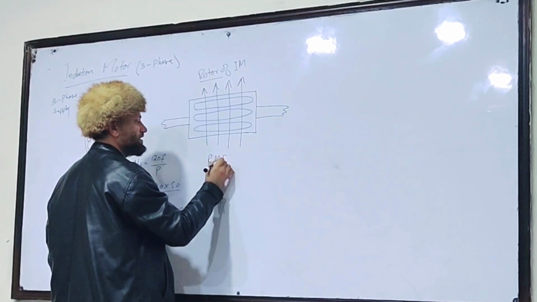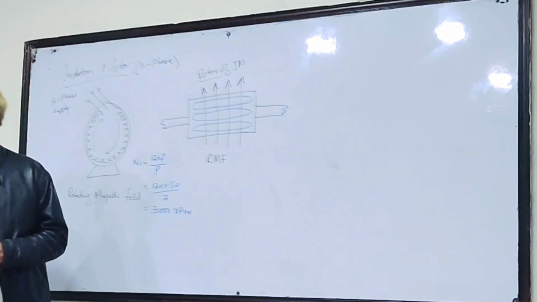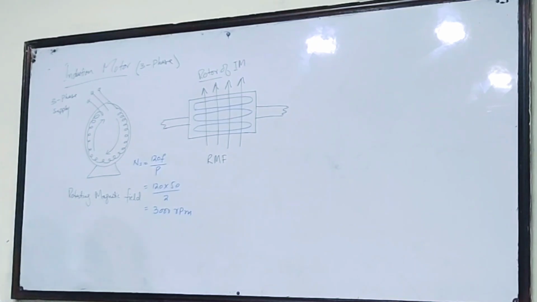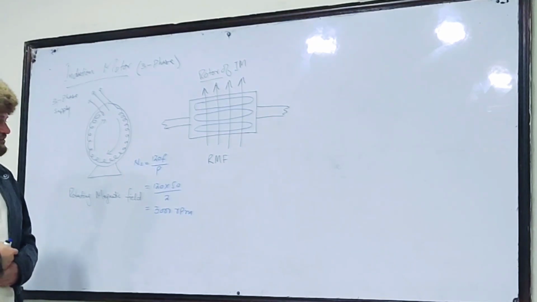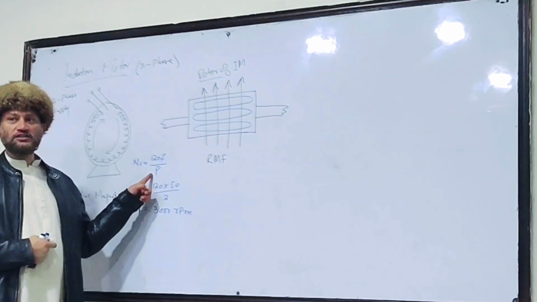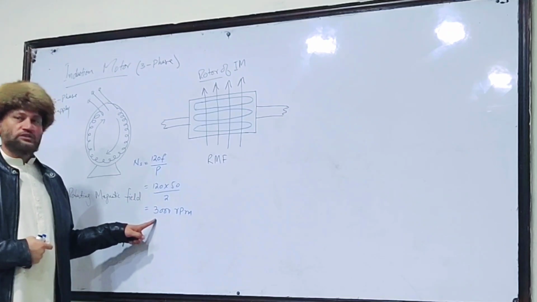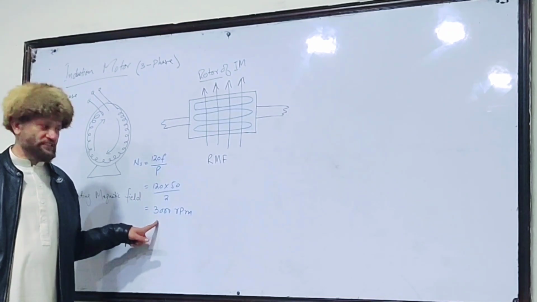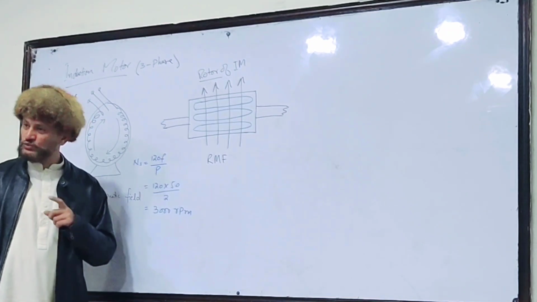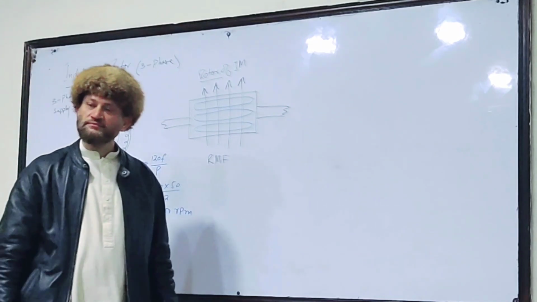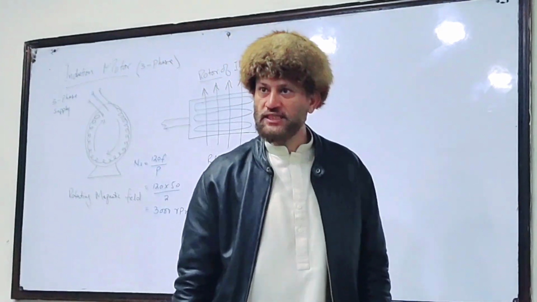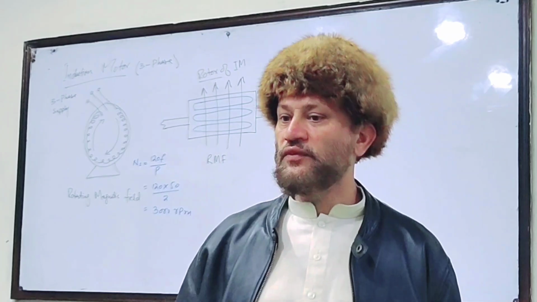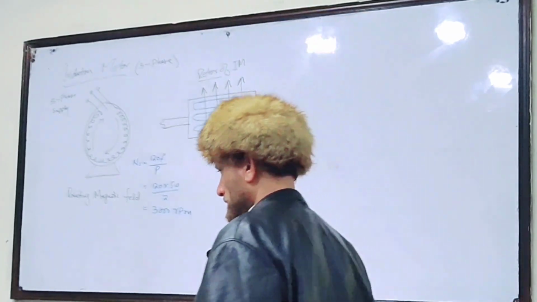And the speed of that rotating magnetic field, how much is it? If the poles are 2, the rotating magnetic field speed will be 3,000 revolutions per minute. Understand my point? Now, what will happen?